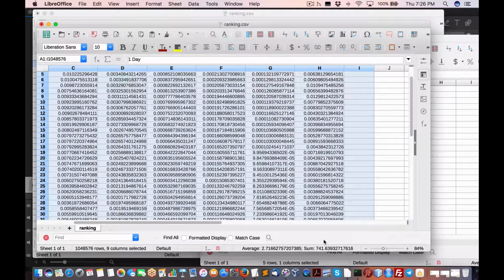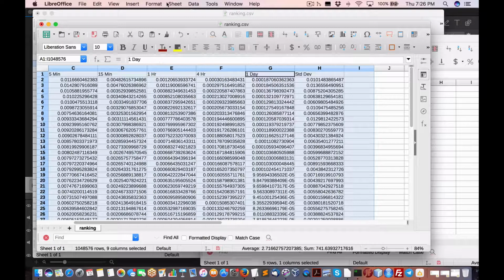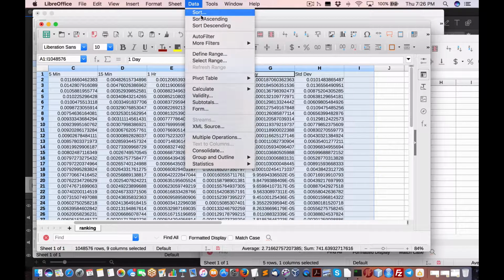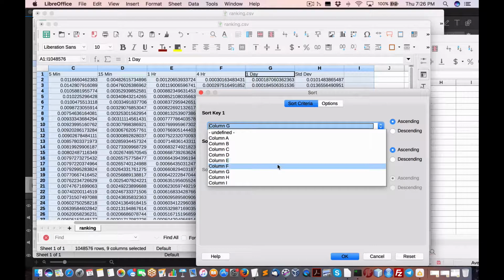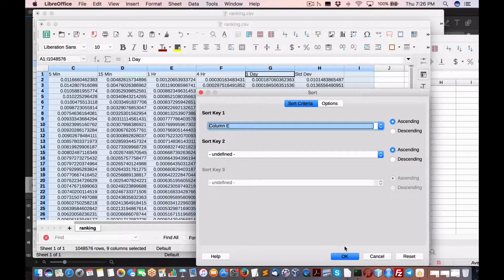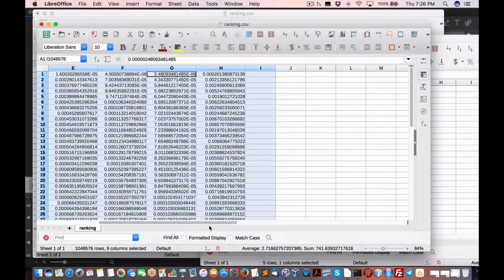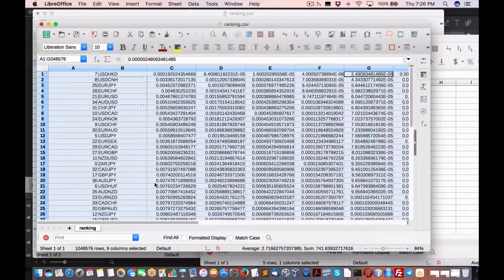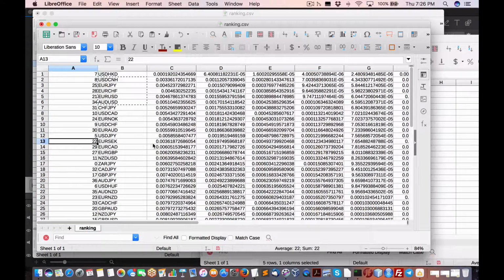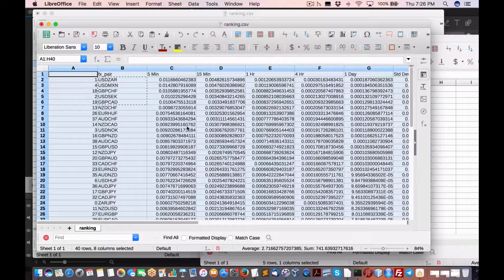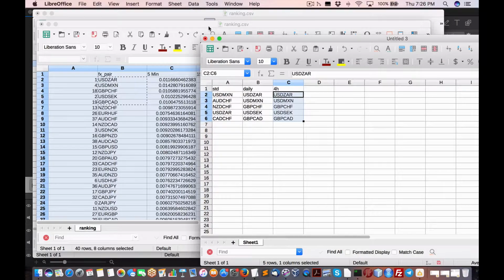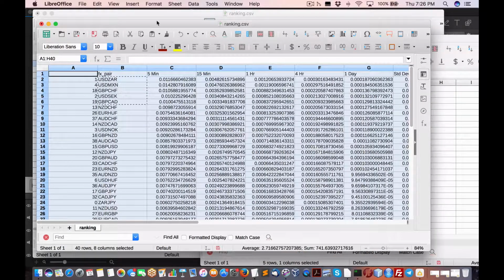Okay, so we want hourly, which is column D, column E. Now, obviously, I can do this within pandas in an automated way, but what we're trying to do here is try to see what kind of relationships we can see between the different periods, if there is any. So we are doing hourly, was it? 4 hours. So we're doing column E.